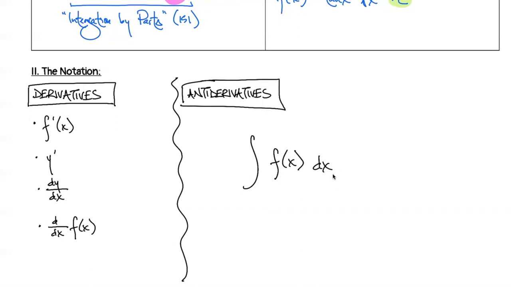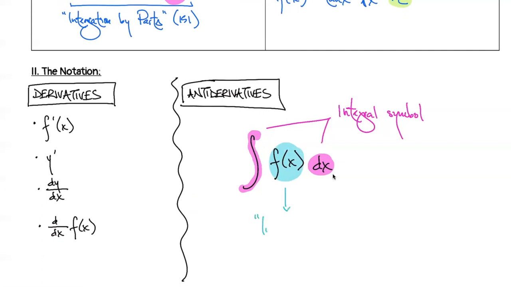But let's label some of these. So this squiggly right here and this dx, together, we call those the integral symbol. So if someone says integral symbol, they mean the squiggly plus the dx at the end. And then this function in here, we actually call this the integrand.